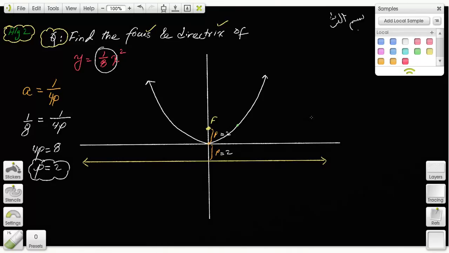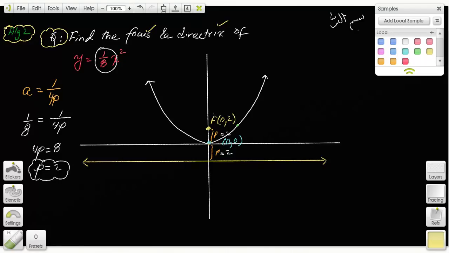Now, I knew this parabola was opening up because A was a positive number, and I'm assuming here that you know the basics of the parabolic functions, which we have learned before. So now that we know p, and the vertex here is 0, 0, correct? So the ordered pair for the focus is going to be, x is going to be 0, and the y coordinate is going to be 2.